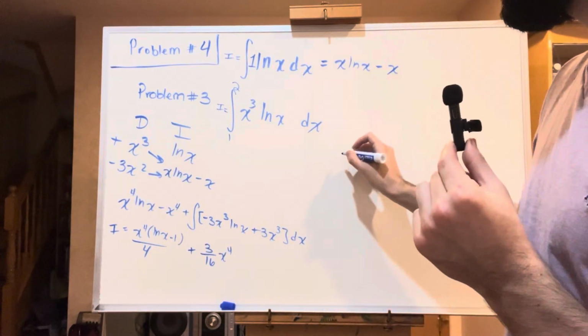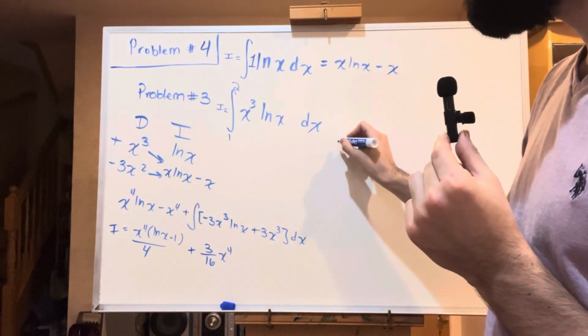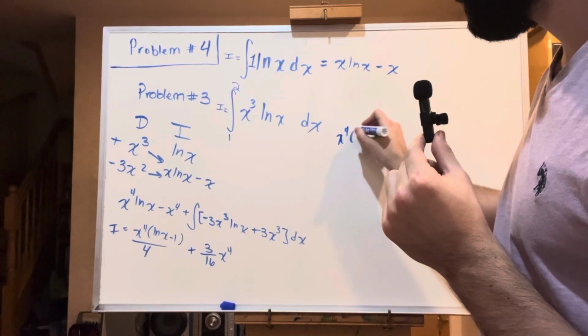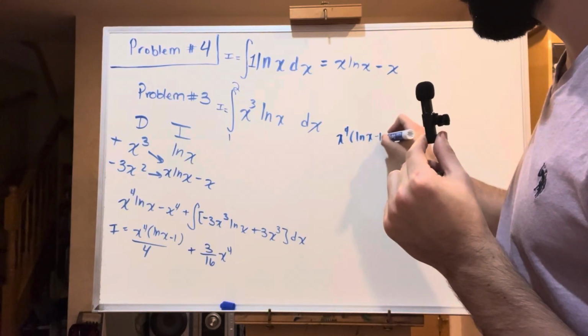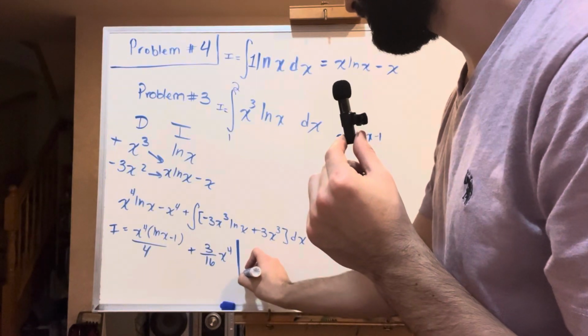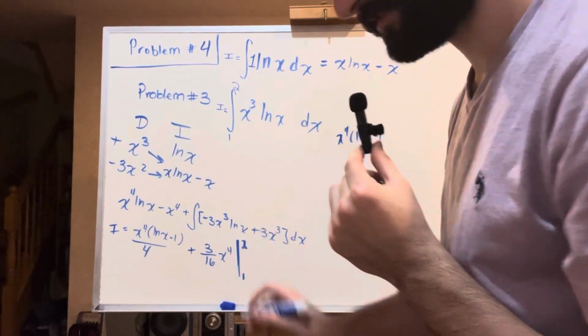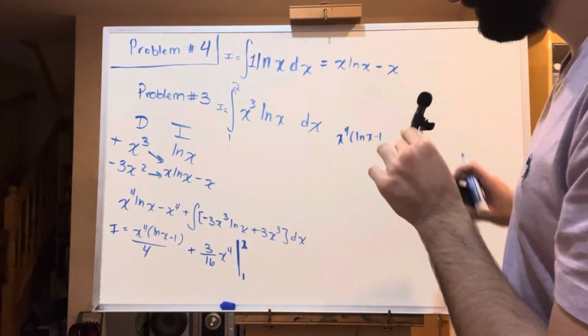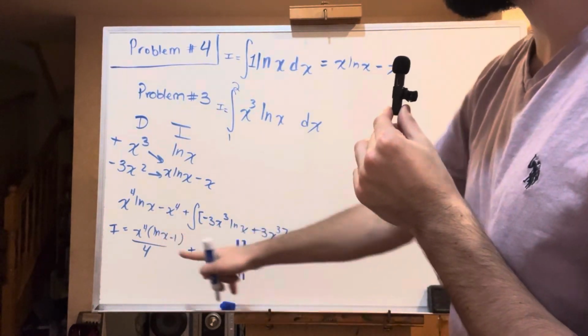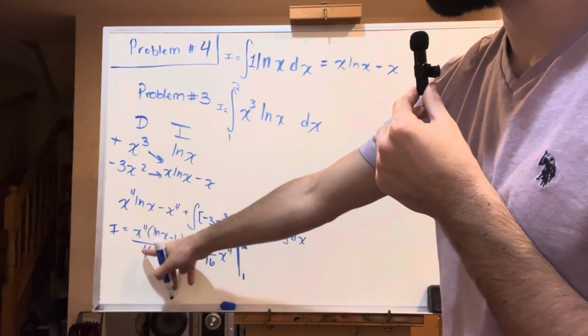So we have x to the fourth ln of x minus 1 over here evaluated from 1 to 2. So when we plug in 2, we get 16/4 is 4.